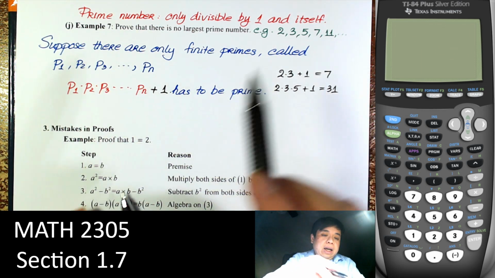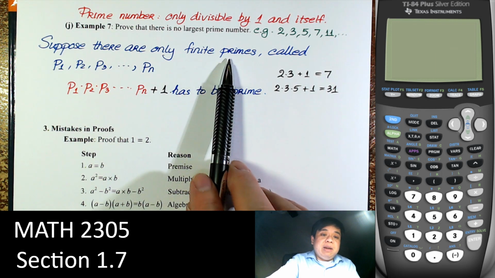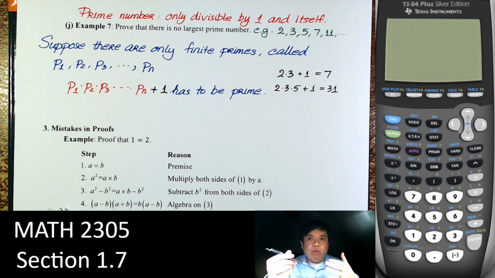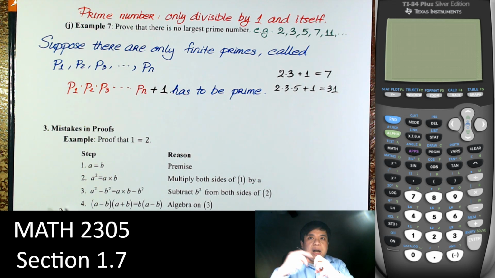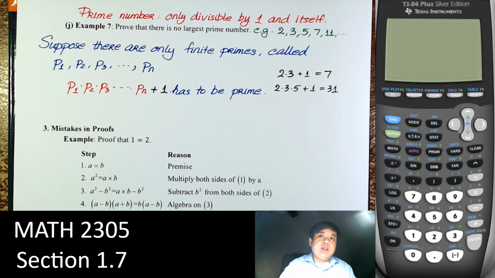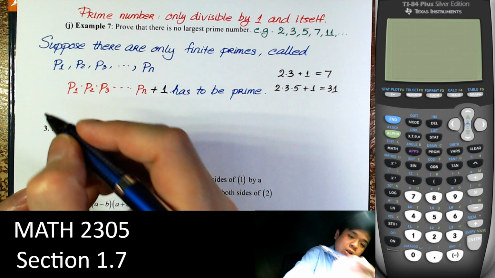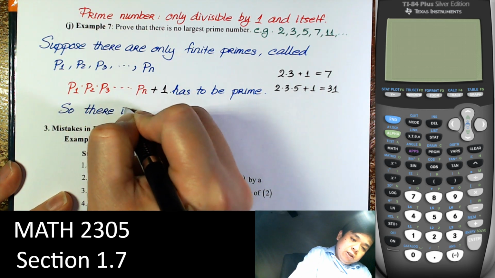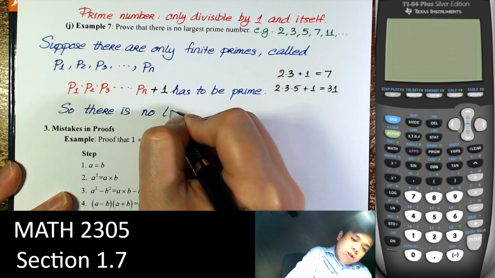In that case, if we have finitely many primes, we just find one more, and then we keep adding one more. Each time the number gets bigger and bigger. So there's no largest prime, and there is an infinite number of primes.